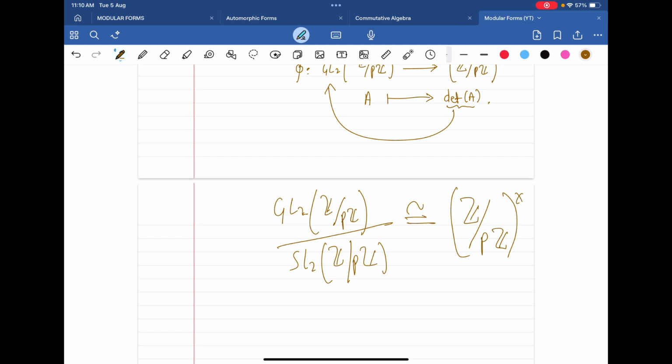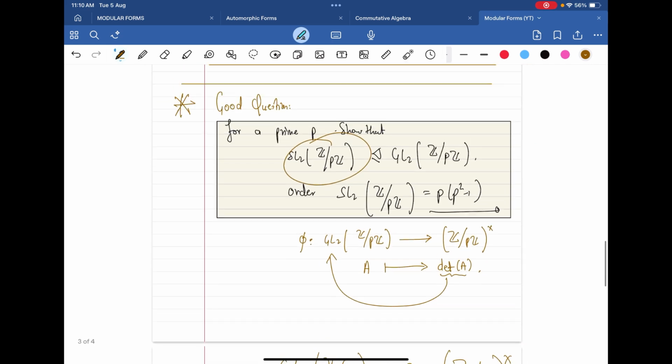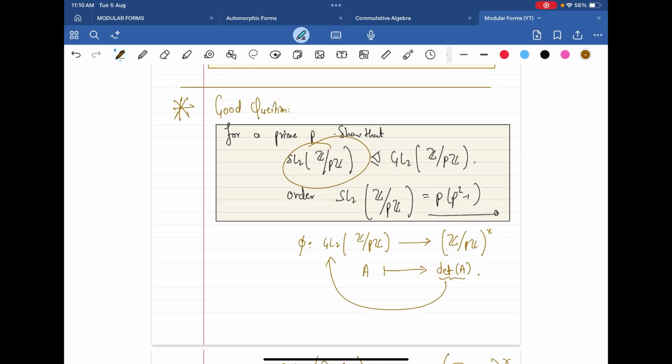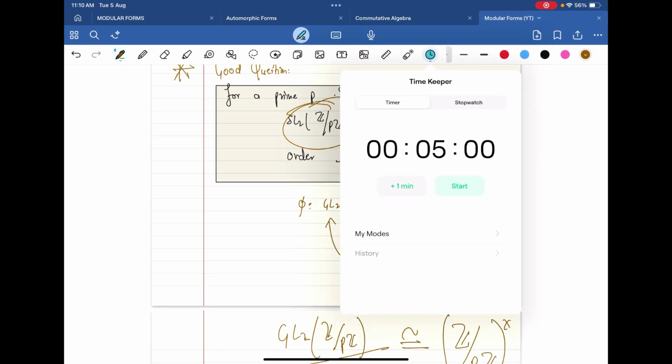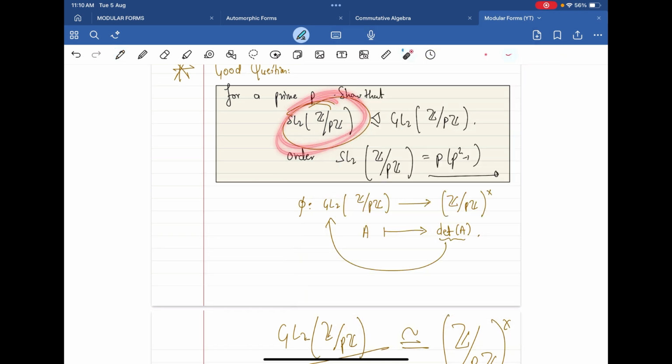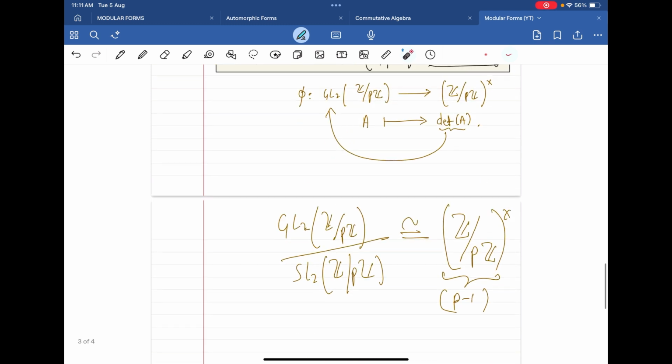Now the cardinality of this group is P minus 1, because we won't take the 0th element in the multiplicative group, and then we are done, showing that the index of the group SL2 Z mod PZ in GL2 Z mod PZ turns out to be P minus 1 with this homomorphism relation.